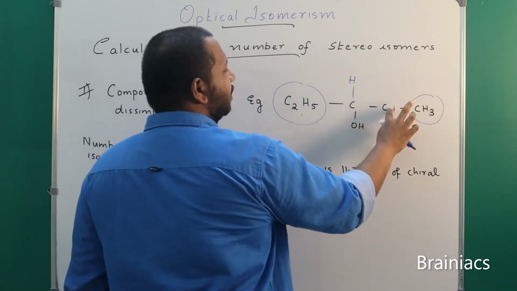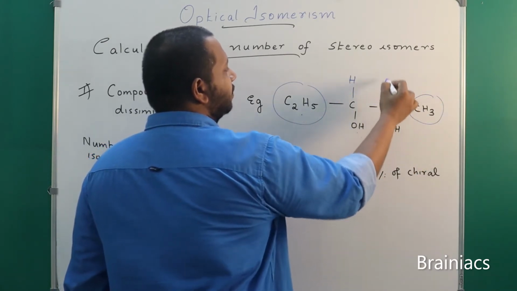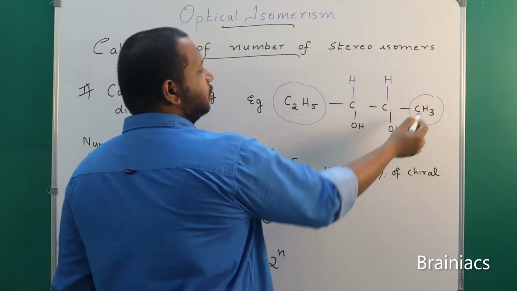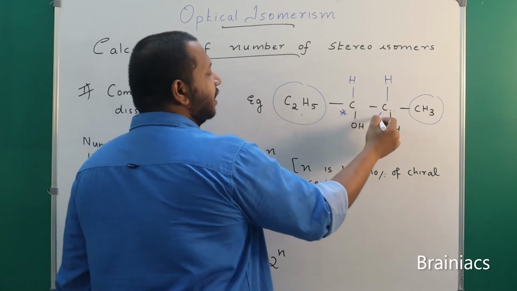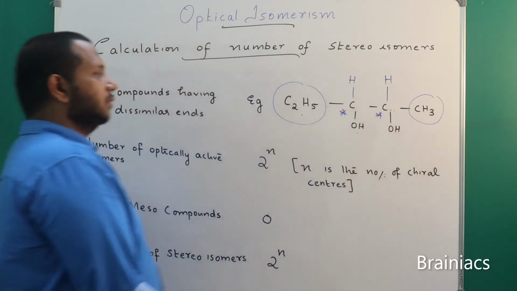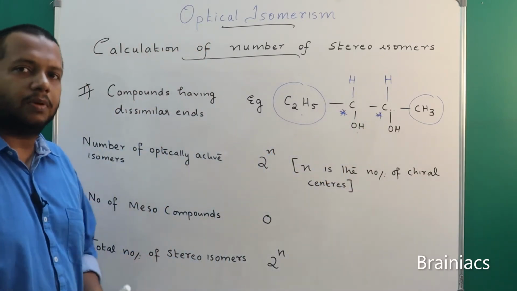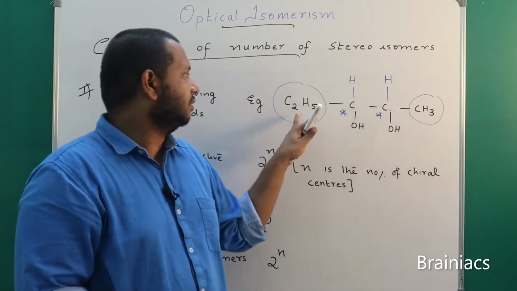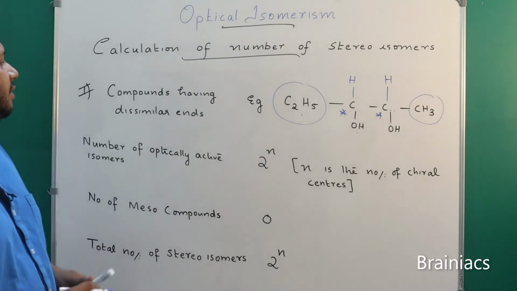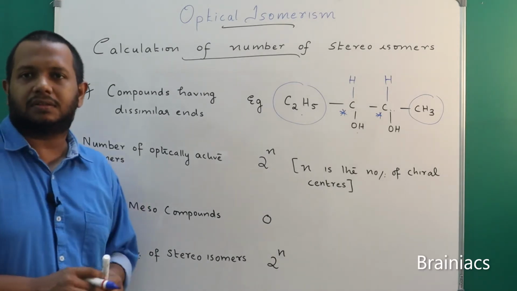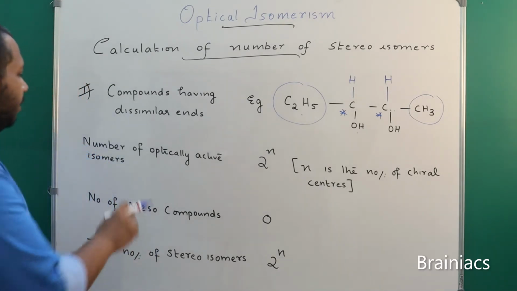And if you look at this carbon atom also, one is a hydrogen atom, the other is OH, one is CH3, and the other is a big group. So both of these are chiral carbon atoms, and this is a compound having dissimilar ends. This end is different from this end. Correct?